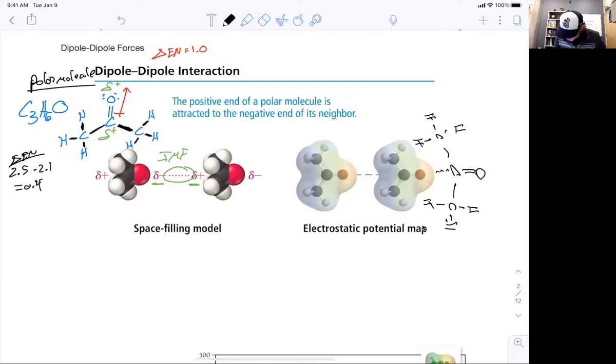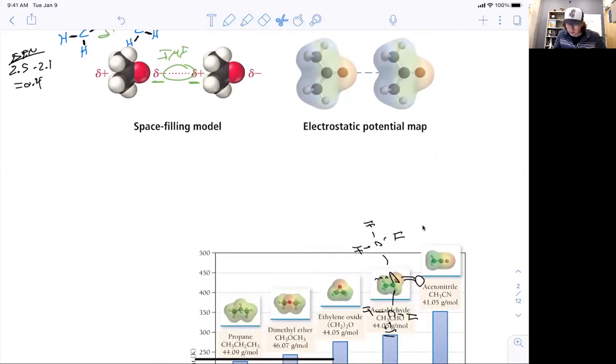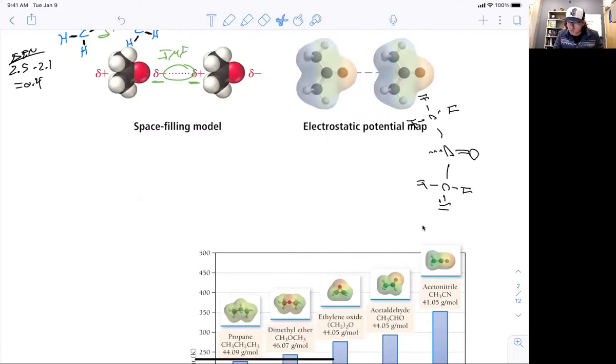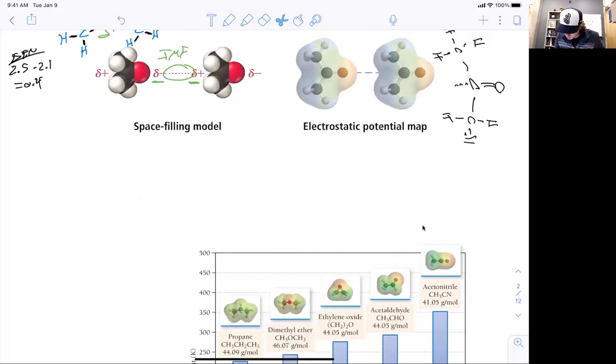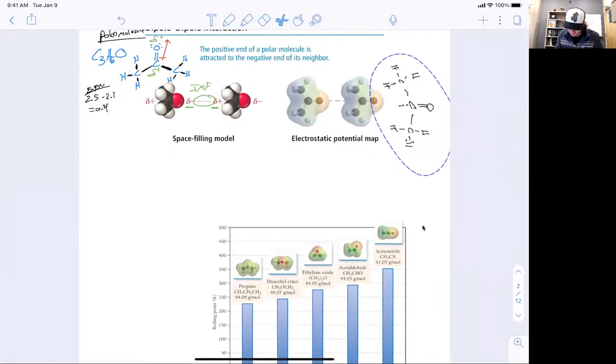So there might be three in a row one second, but then one falls away and then comes back in a different place or weasels in between them. But what we're saying is most of the time, most of the molecules are forming some intermolecular forces, some of these attractions between delta plus and delta minus.